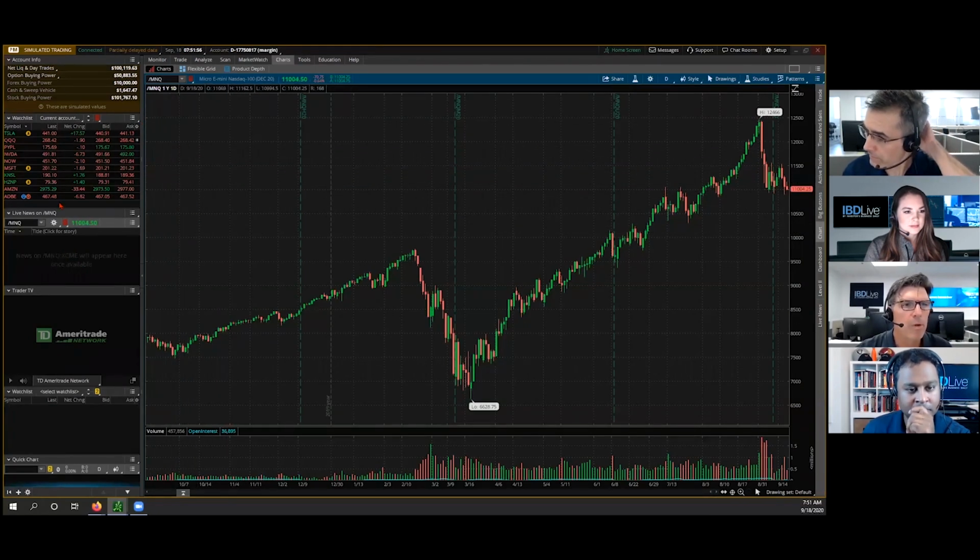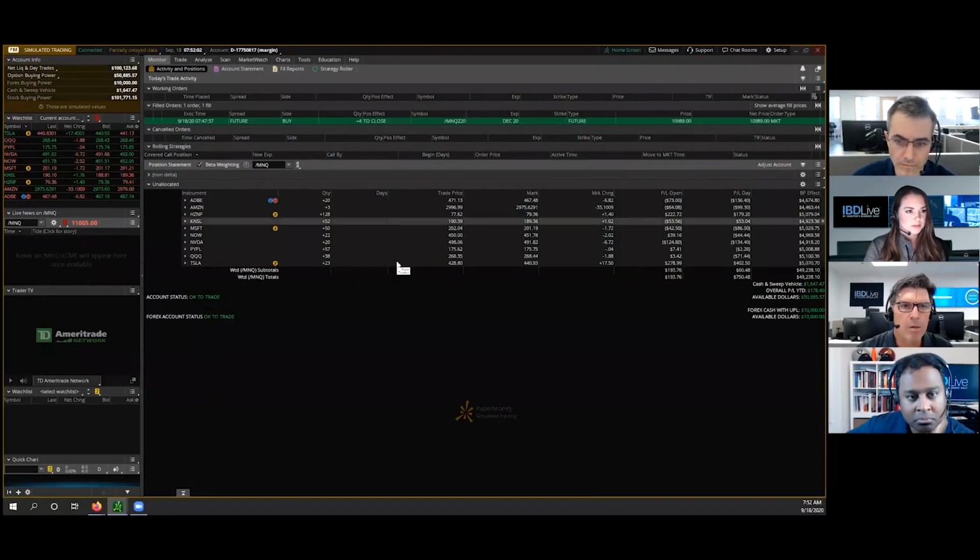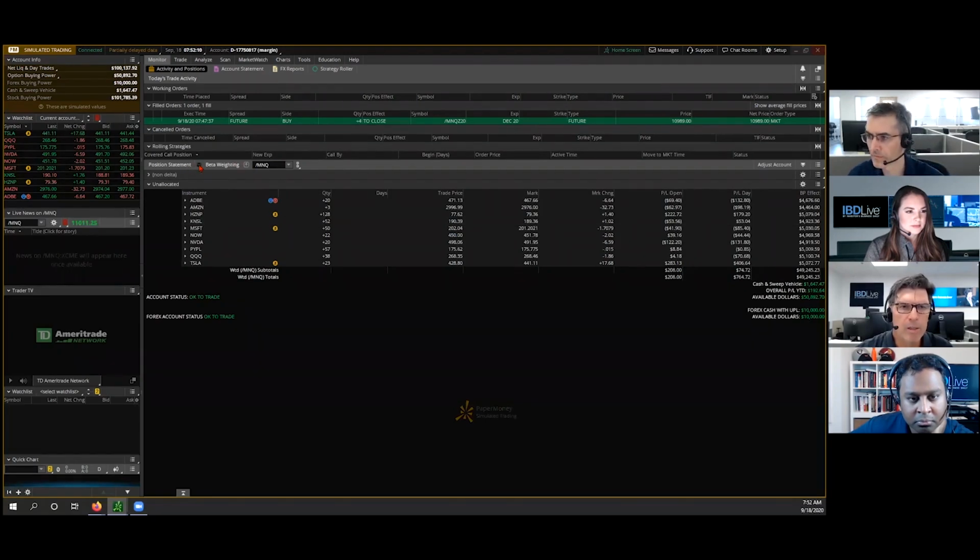Okay, so we've got this portfolio and we're getting nervous about the market. Let's go to the monitor with all your positions. The first step is a thing here called beta weighting, so you would click it on. Since I use futures, I'm going to call up one of the futures contracts.